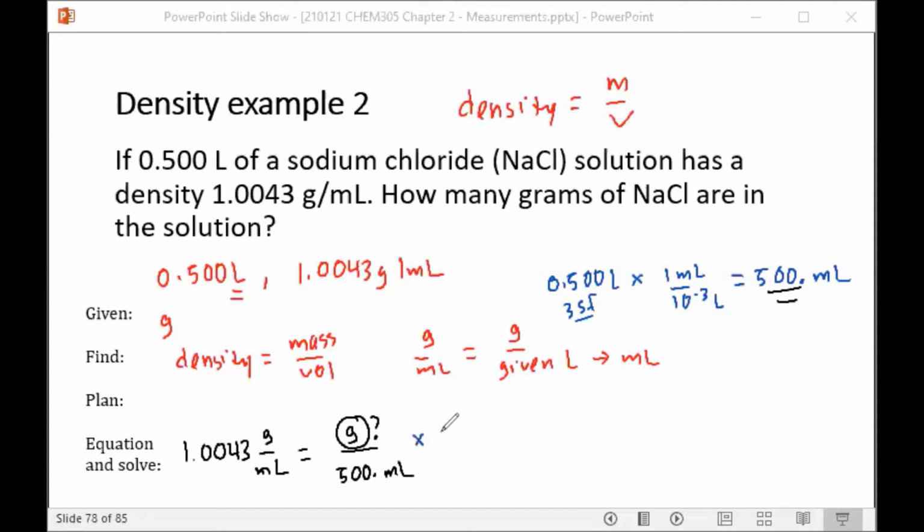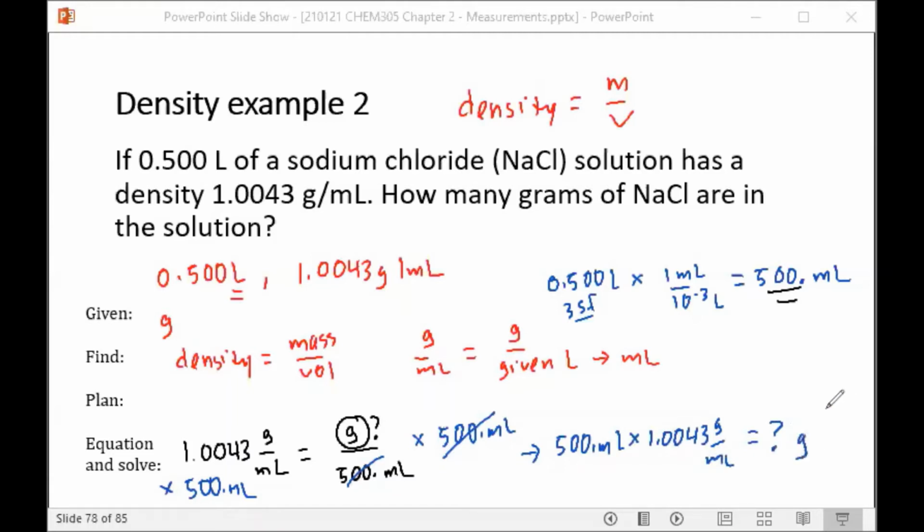So if I multiply by 500, that cancels out on that side, and then I have to do the same thing to the other side of the equation. And so what we end up with is 500 milliliters times 1.0043 grams per milliliter equals the unknown amount of grams that we want to solve for.